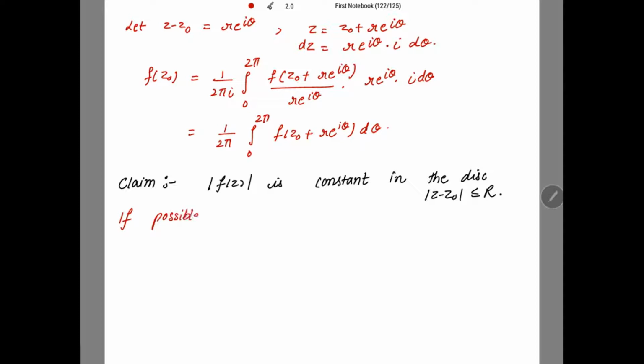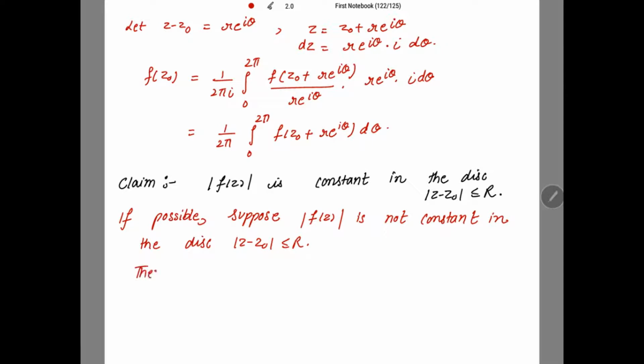So if possible, suppose mod of f(z) is not constant in the disk |z minus z0| less than or equal to R. Okay, then for some point, any point, you can take z equal to z0 plus r e to the power iota theta.